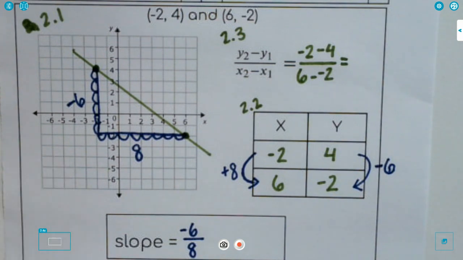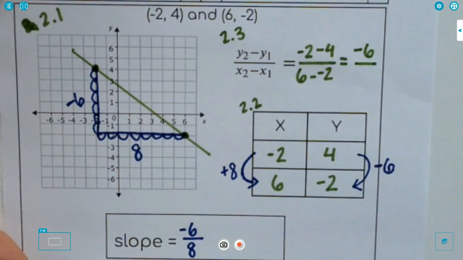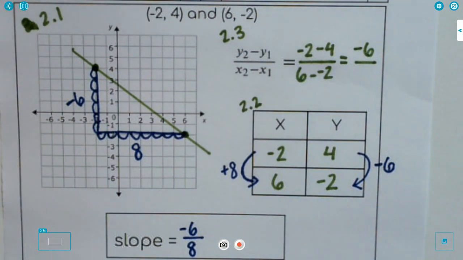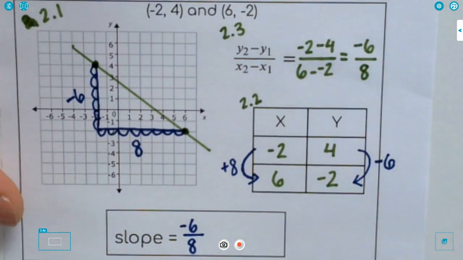Okay, negative 2 minus 4 is negative 6. 6 minus negative 2. Subtracting a negative is the same thing as adding. So 6 minus negative 2 is the same thing as 6 plus 2. So that's positive 8. So we have now done the same problem 3 times and gotten the same answer.